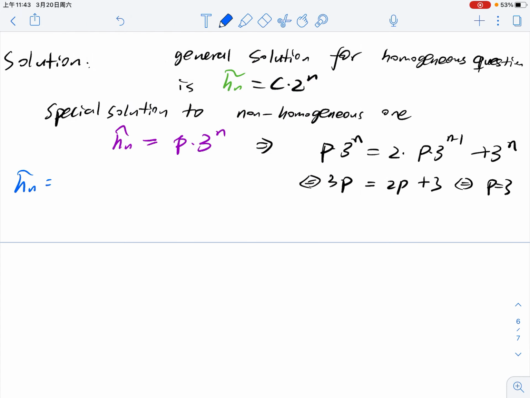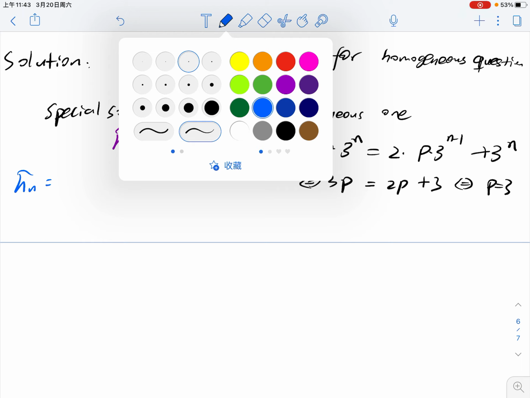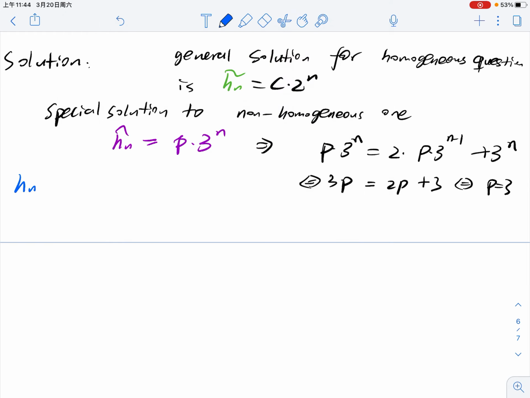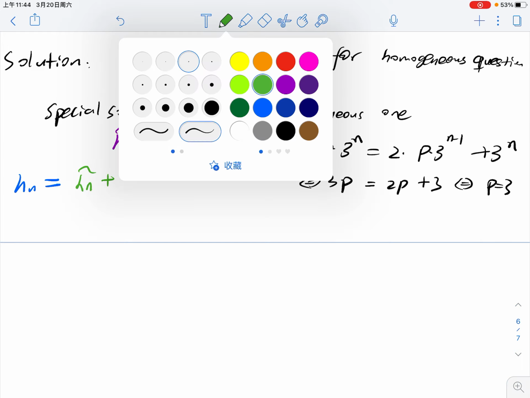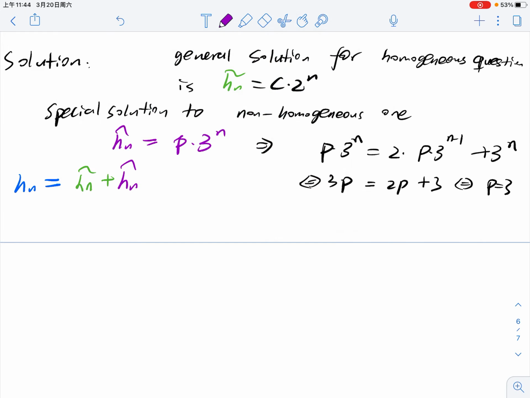Therefore, the general solution Hn is the general solution plus the special solution. This is c times 2 to nth power plus 3 to the n plus 1.